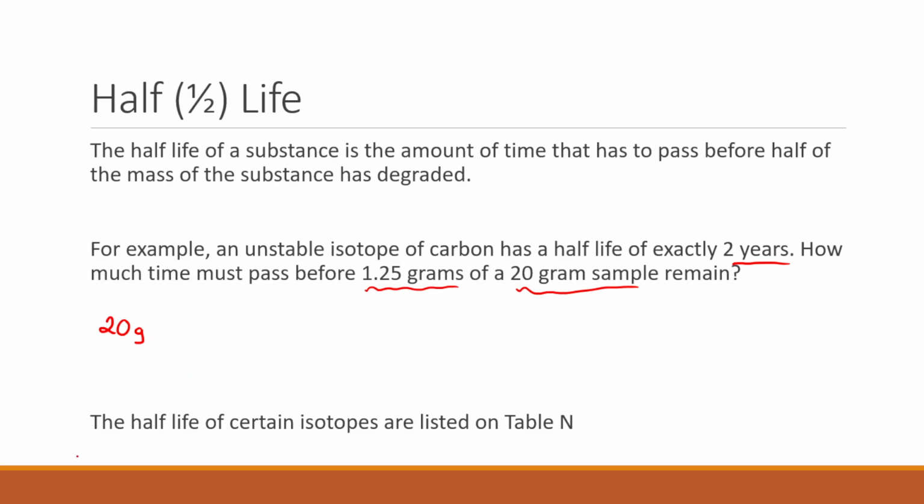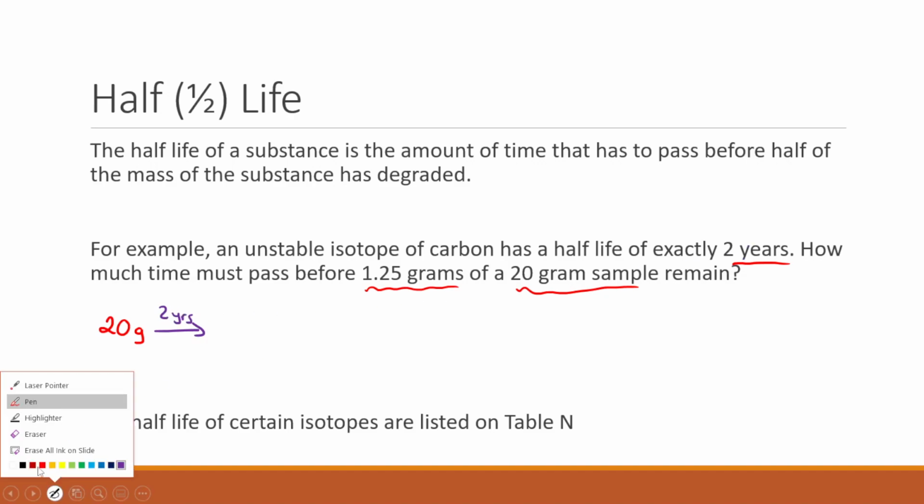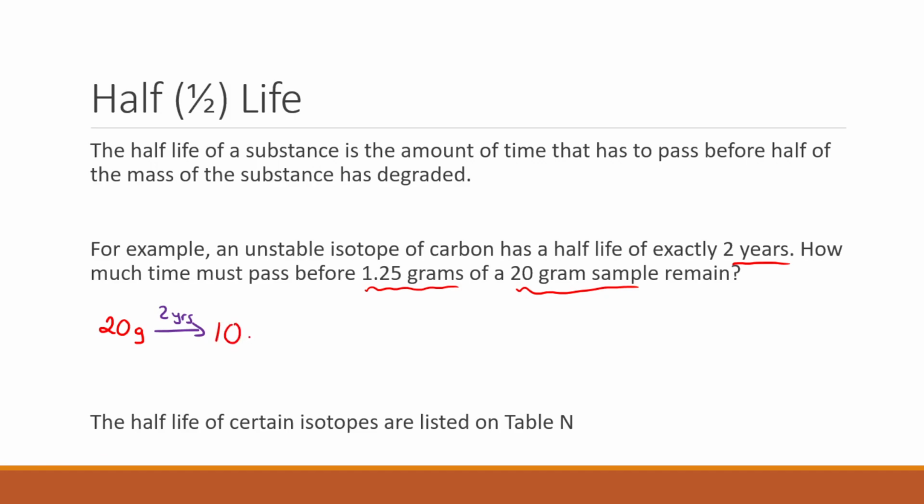After one half-life, after 2 years, so that's what it tells me in the problem, we have 10 grams left. Okay, so 2 years have passed. We still haven't reached our target. Another 2 years go by, it gets cut in half again. Right now we've got 5 grams left.